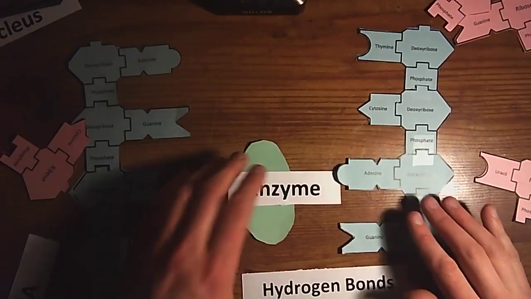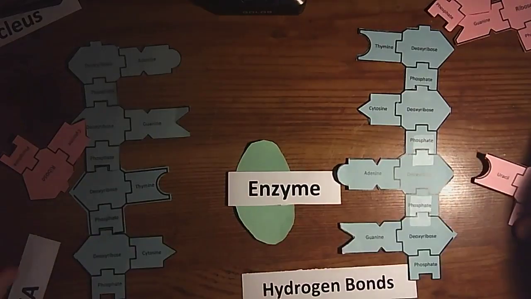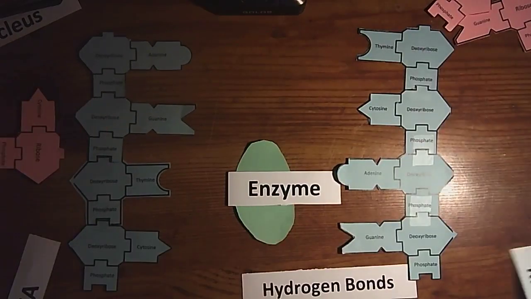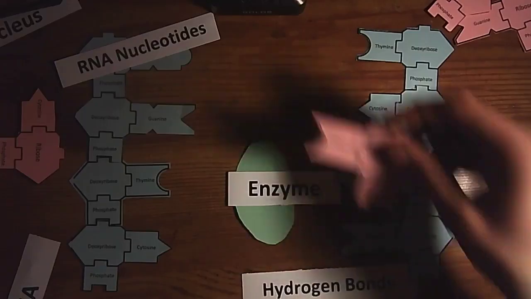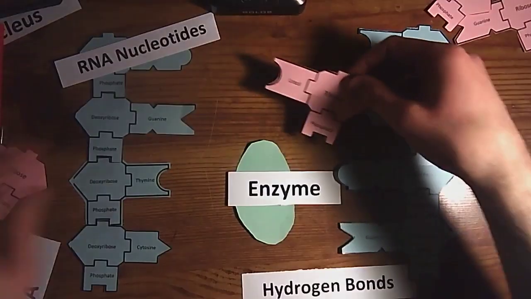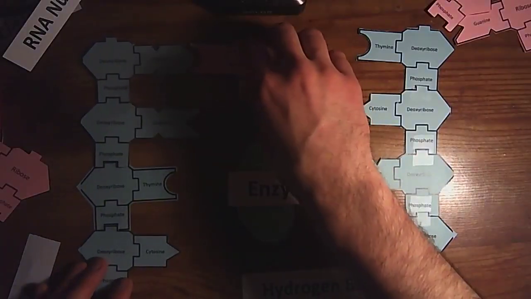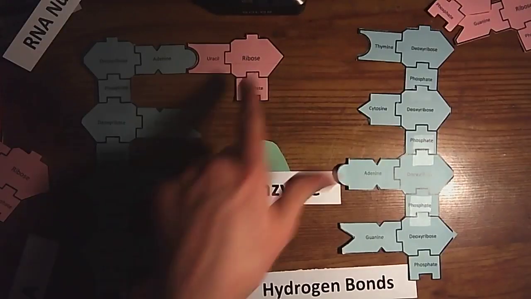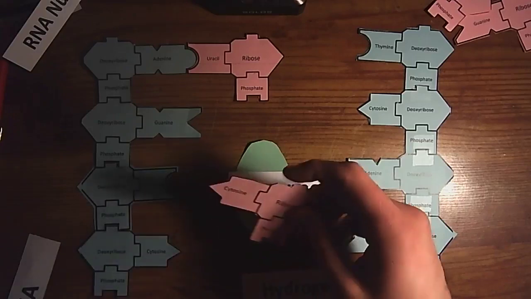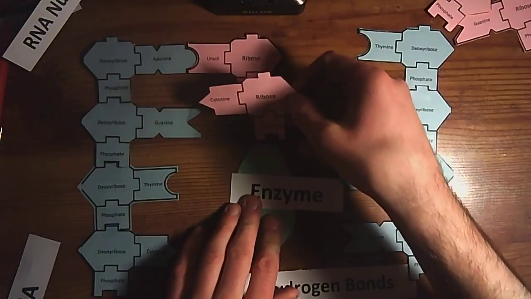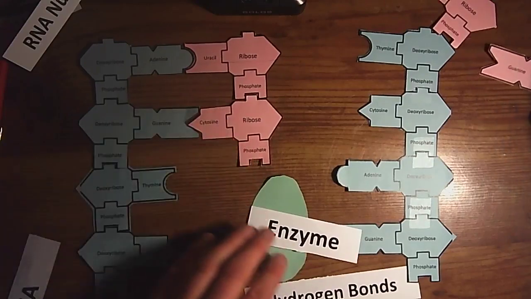Now, as that's happening, this enzyme is also taking these free RNA nucleotides that are just chilling in the nucleus, and it's going to grab them and pair them up with the right complementary base pair. So for instance, remember there's no T with RNA, it's going to be uracil, U instead, which matches with the A. The enzyme grabs the cytosine base pair and matches it up here.